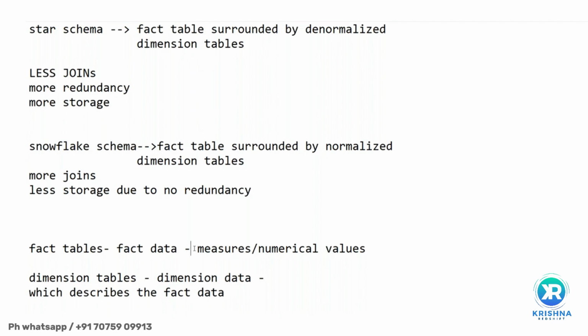What is fact data? Numerical measures or values are called fact data. You just need to tell these two words in the answer.